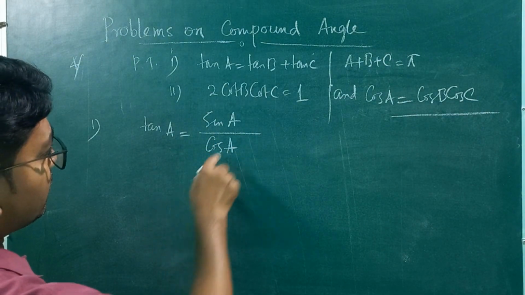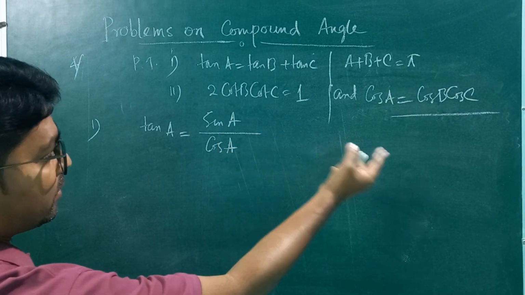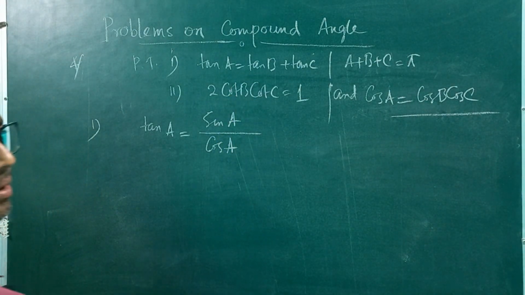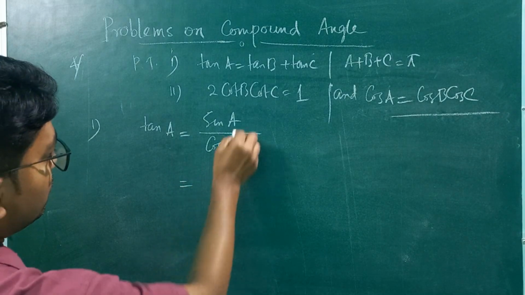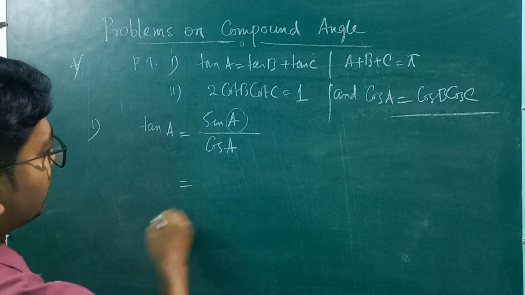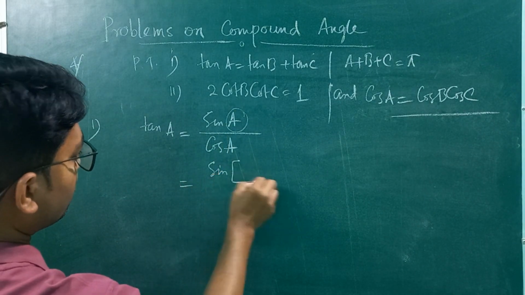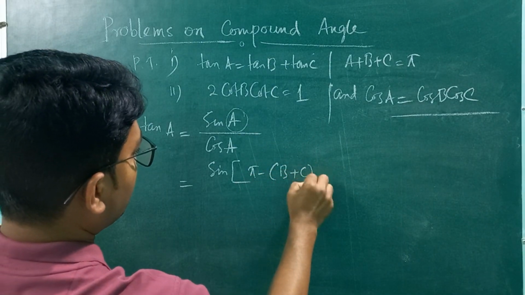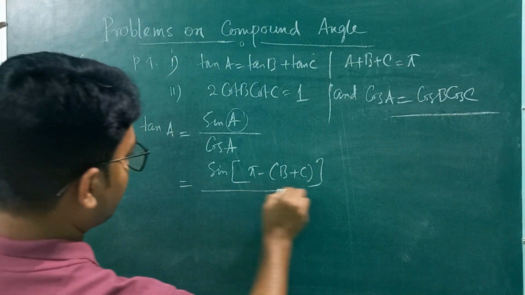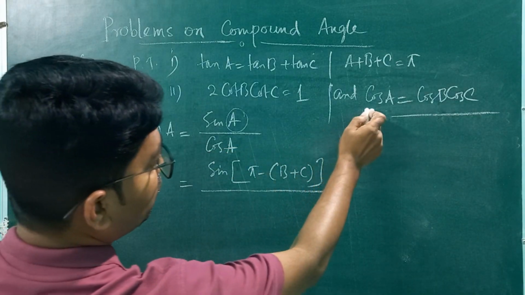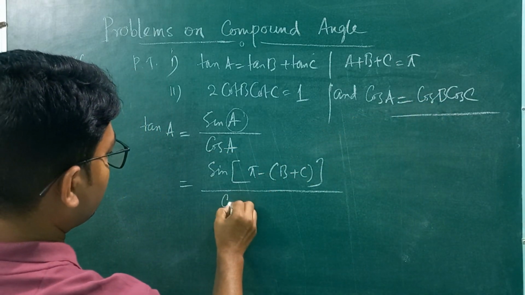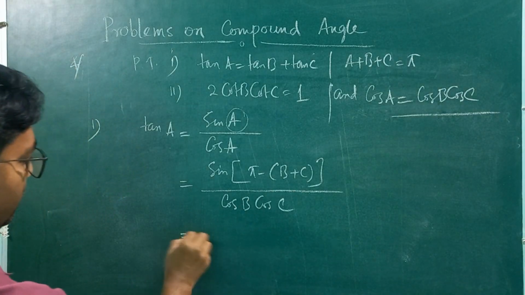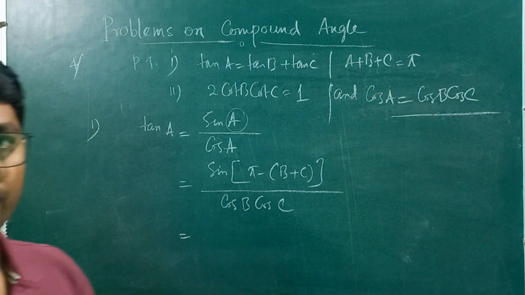Now our target is to convert this angle into B and C because the right hand side is in terms of B and C. So we change this angle. What is A? A means pi minus (B plus C). And what is cos A? Cos A means cos B cos C. Clear to everyone?